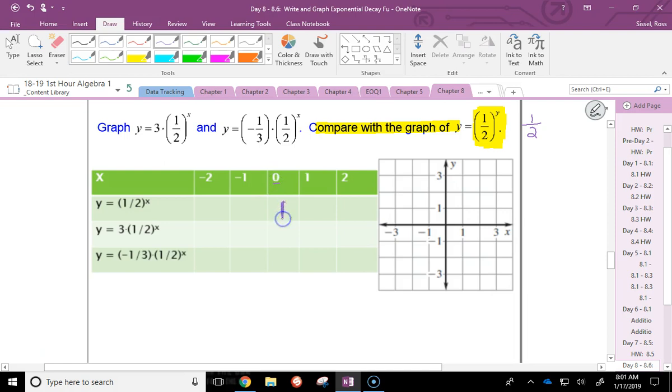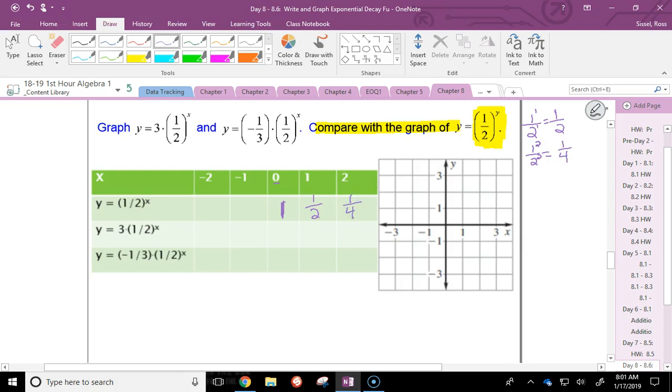Let's put it to the first power. That's going to equal 1/2. What happens when I make the 1/2 to the second power? We get what? 1/4.